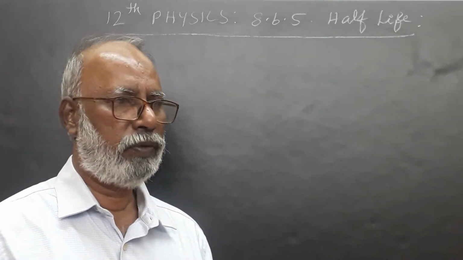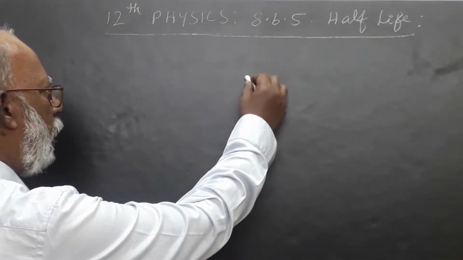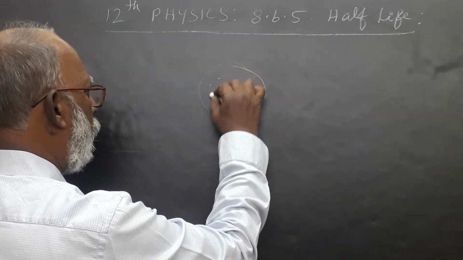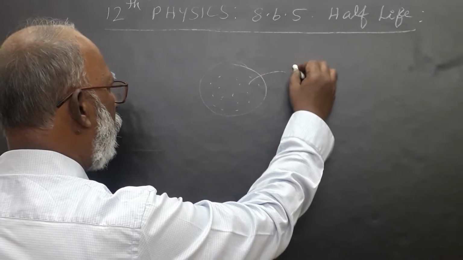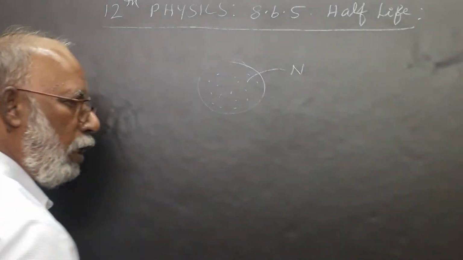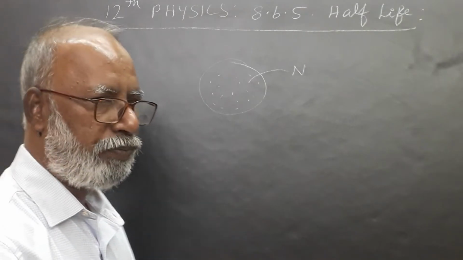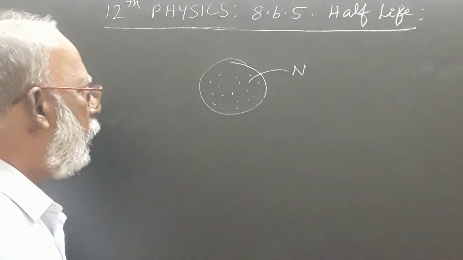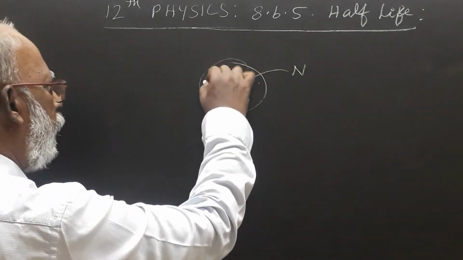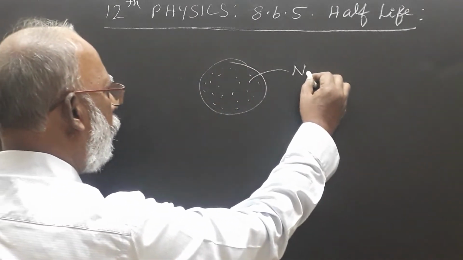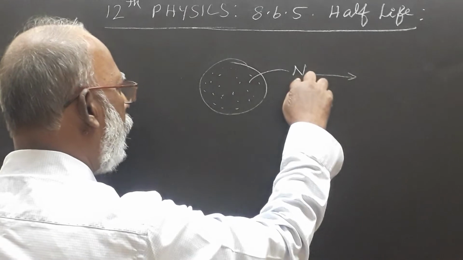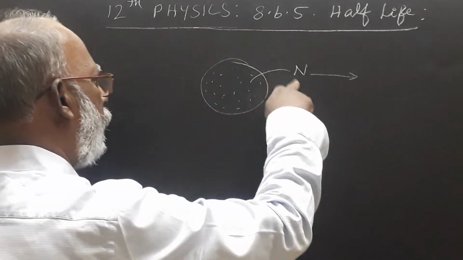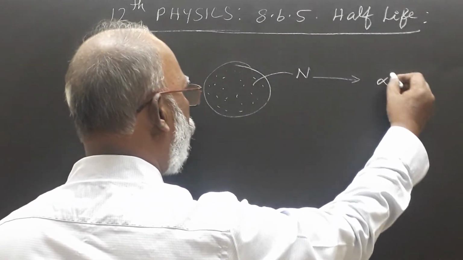Suppose you consider an element, and we take the total number of elements to be N. Then if you want to find the time taken to decay completely for these N atoms, or N nuclei, I think it may take infinite years.